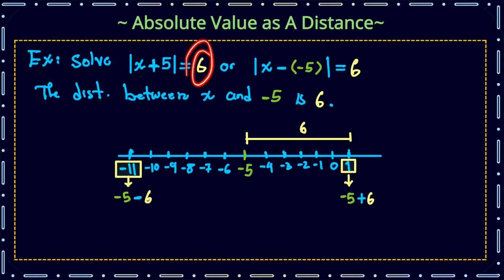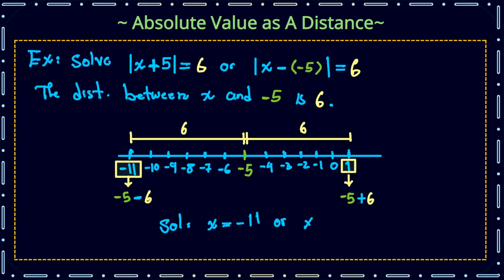Since the distance is 6, from the center of negative 5, we go over by 6, negative 5 plus 6, or you go under by 6, negative 5 minus 6, and we have our solutions. X equal to negative 11 or x equal to 1.